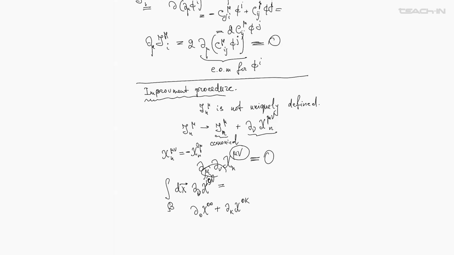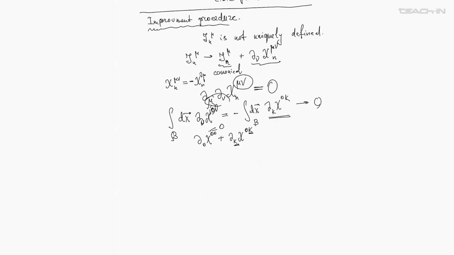Since chi is skew-symmetric, its 0 0 component simply vanishes, and therefore you have here minus the integral dx over the ball of the divergence with respect to space, and therefore, as before, it gives you a flux of the corresponding vector chi 0 k over the boundary of this ball. And since the boundary tends to infinity, this tends to 0, because the fields of which chi is made tend to zero at the spatial boundary.